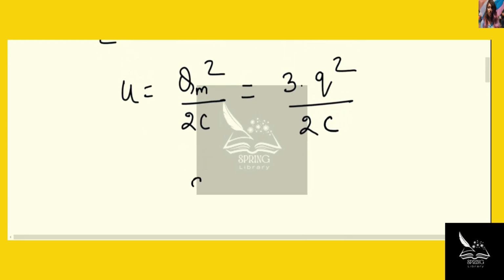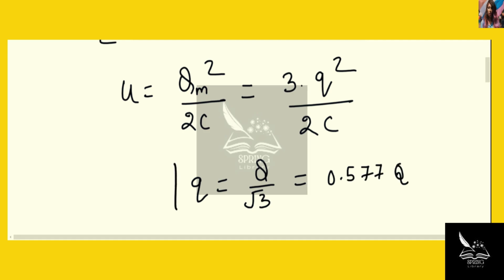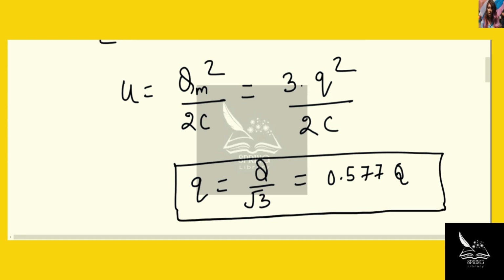Now Q will be equal to Q max upon root 3. That means it is equal to 0.577 of the maximum charge. That means at that time the charge is equal to 0.577 times the maximum charge.